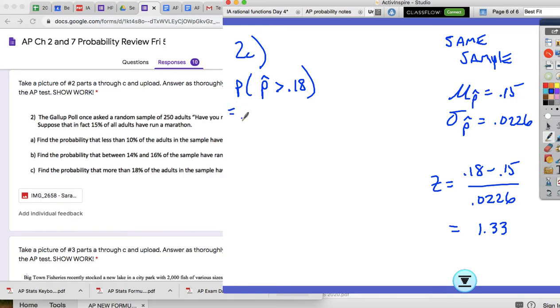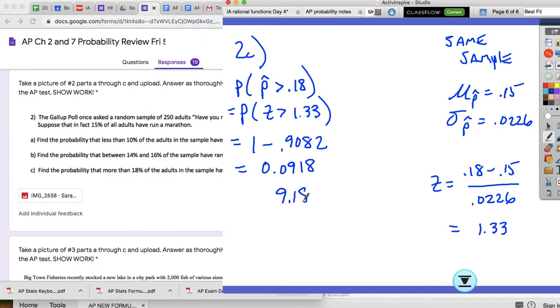So this is equivalent to the probability of my z-score being greater than 1.33. Since it's a greater than, I'm going to do 1 minus. I'm going to look up 1.33 on my chart and I get 0.9082. Subtract those and you get your answer of 0.0918, which is 9.18%.